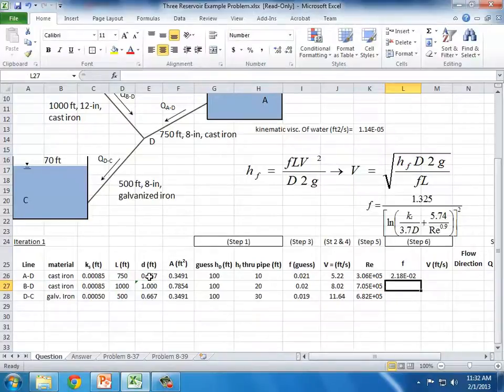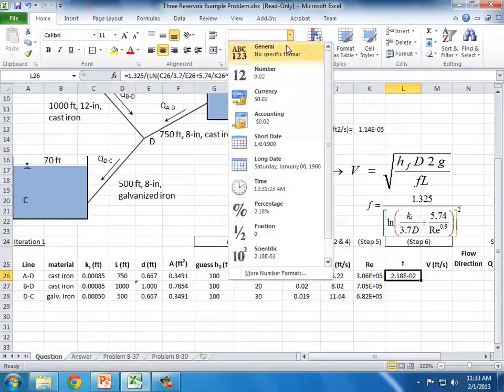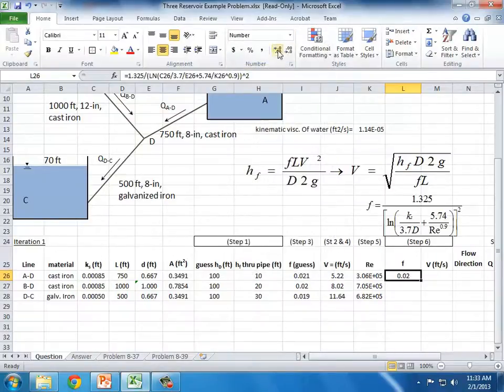So our first guess wasn't so bad, getting a slightly different F value. I'm going to change the way it looks into number format. I can drag it down.